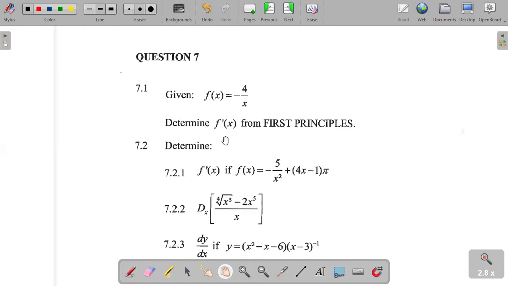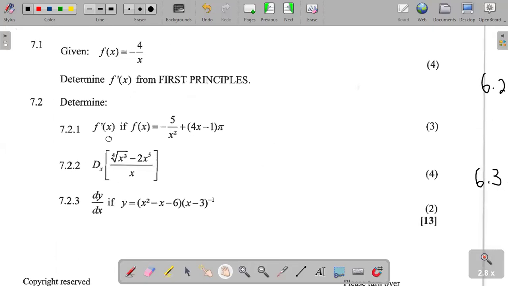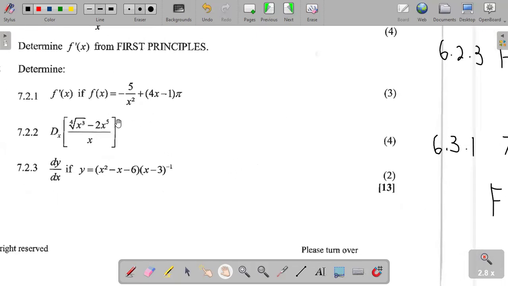Determine f prime of x if f of x equals to negative 5 over 2x squared. So then f prime of x here is going to be, okay, yes, let me do it here.